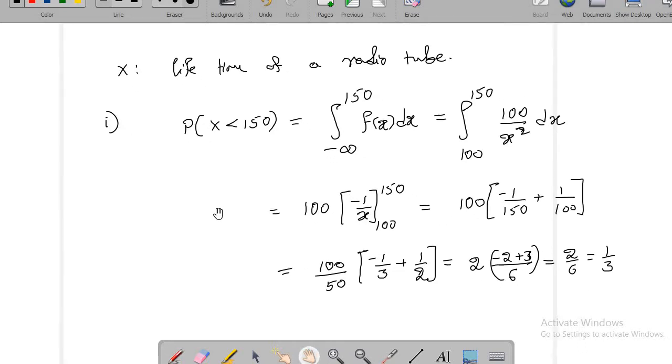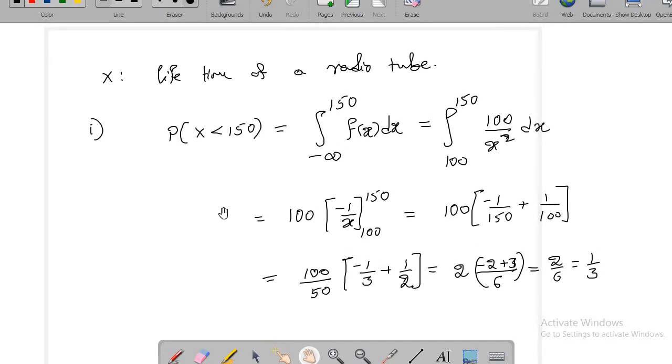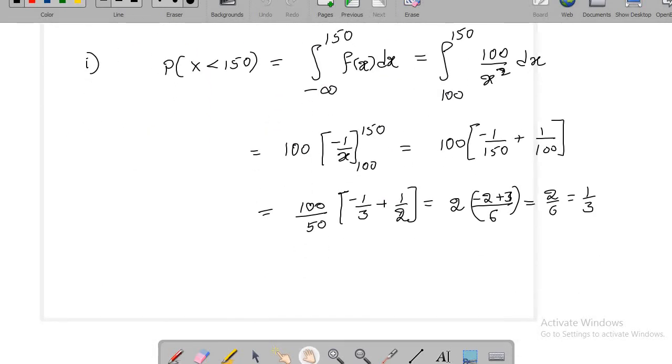Okay, so now this is the probability that one of the radio tubes will be replaced within the first 150 hours. But the question is the probability that all of 3 such tubes will be replaced within 150 hours. So we did it for only one. So how about the other 2? See, you can take the lifetime of one tube to be independent of the lifetime of the other tube.